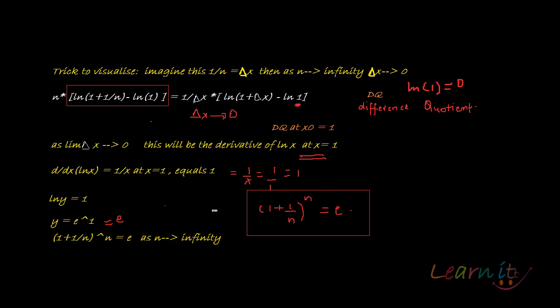Let me just write it down for you, as limit n tends to infinity, because this was a very important part. That is why I was able to look at the difference quotient as a derivative of log, because as n tends to infinity, delta x tends to 0.